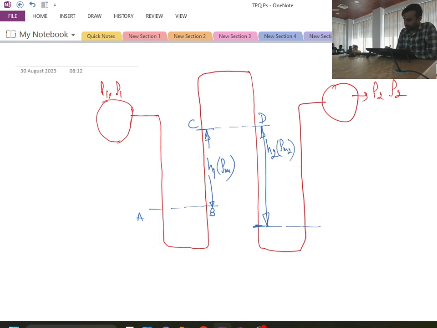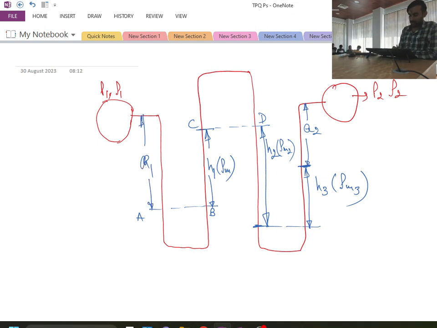Then it rises up to height h3 as rho m3, and after this point I have density rho 2 up to height a2, and this is up to height a1. You have to find out P2 minus P1.